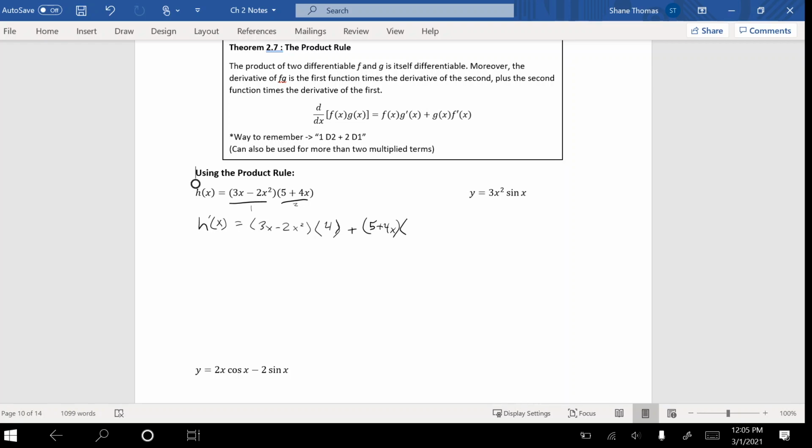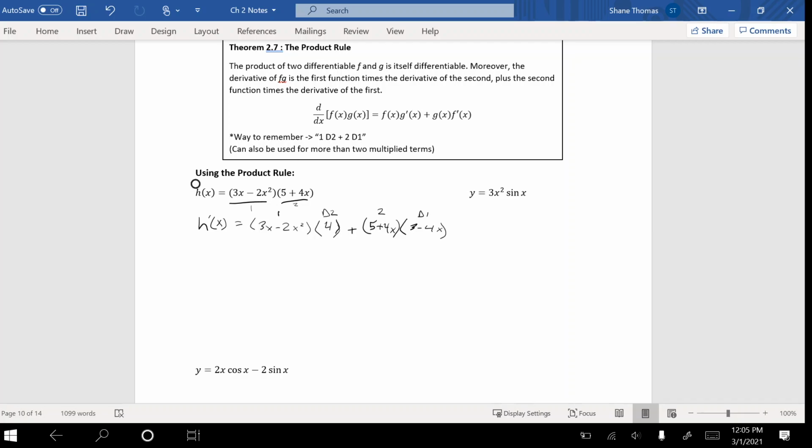What's the derivative of the first one? 3 minus 4x. You switched your signs around. So this is 1, this is the derivative of 2, this is 2, and this is the derivative of 1.